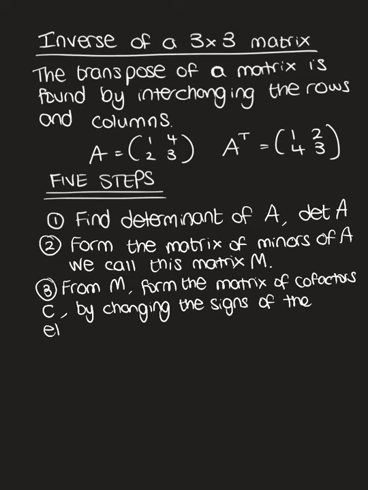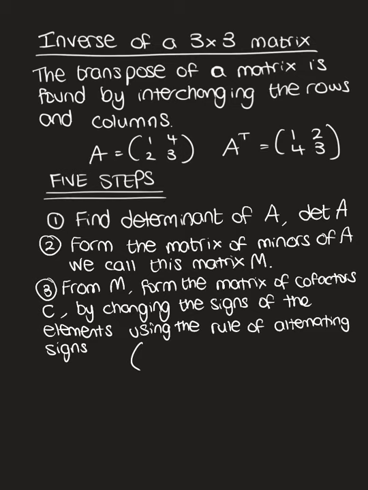It depends. Signs of the elements using the rule of alternating signs. And that means that the matrix goes positive, negative, positive, negative, positive, negative, positive, negative, positive.